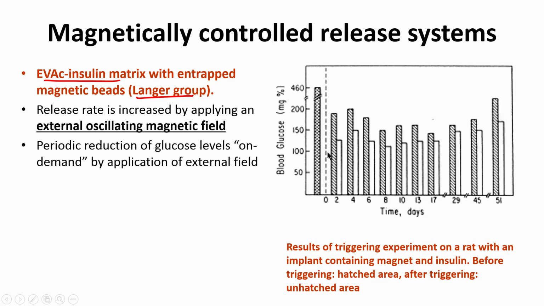Right before triggering, the hashed area is the blood glucose level, but as you trigger, more and more insulin gets released, and because of that you see a drop in the blood glucose level. That means insulin is releasing in higher amounts when you apply the magnetic field, and not only that, it is actually functional and is able to reduce the blood glucose for a time frame of up to almost 2 months.